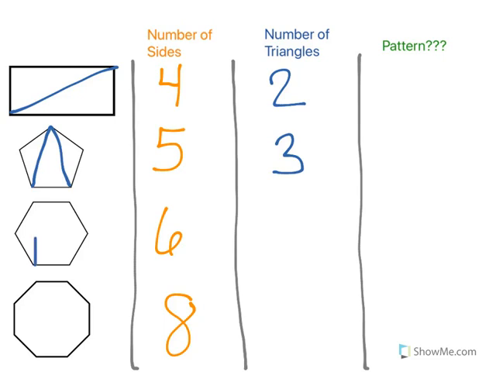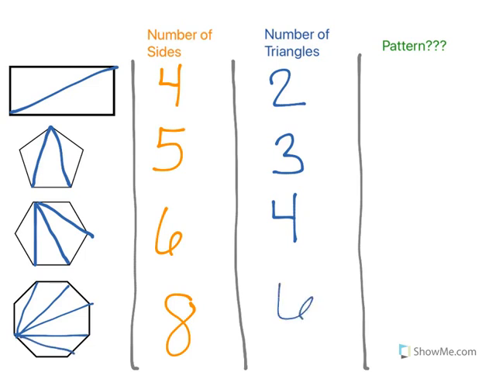The hexagon has 1, 2, 3, and 4. And then, of course, our hardest one to draw, the octagon, we have 1, 2, 3, 4, 5, and 6. And this time I drew it a little bit differently, so it looks kind of like a shell.